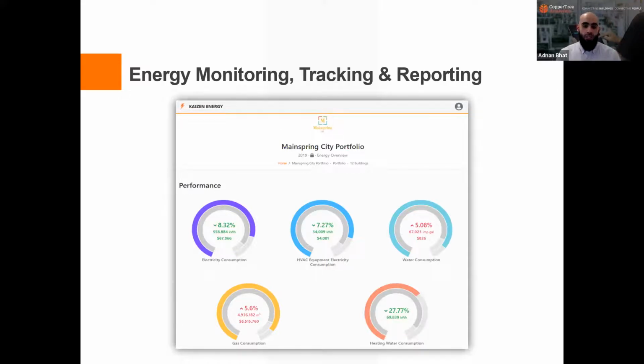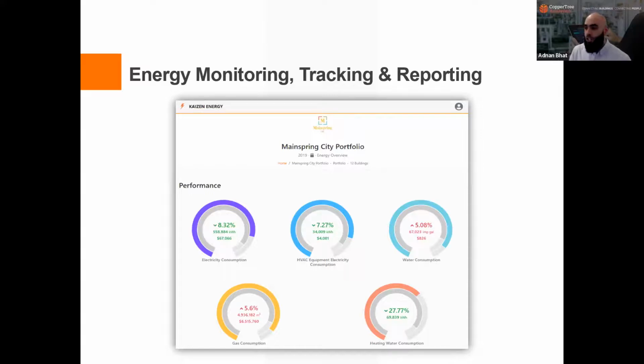The screenshot that you see on the screen is from the resource management feature in our EIS, or Energy Information System platform, Kaizen Energy, which allows different energy sources such as electricity and natural gas to be monitored and tracked separately. Water consumption, as well as sources feeding specific equipment, can be configured as individual meters, each with the appropriate unit selected.